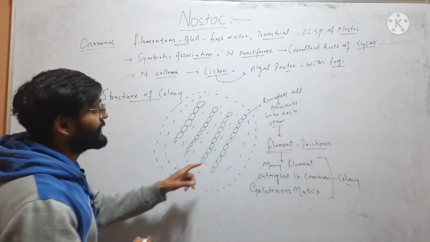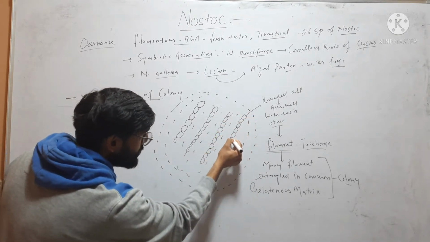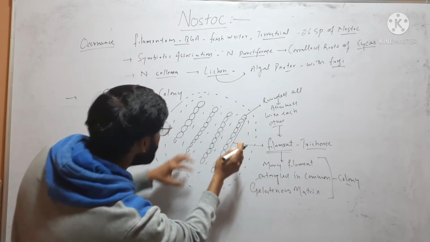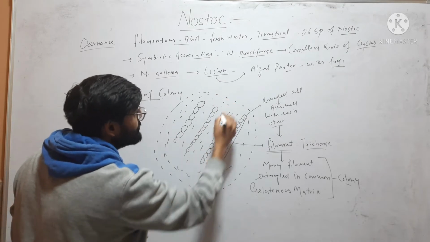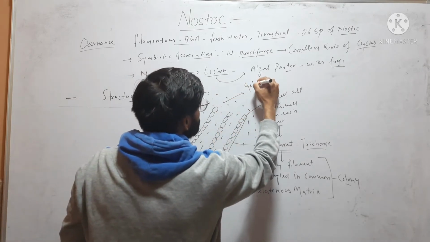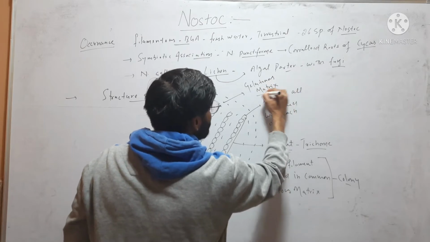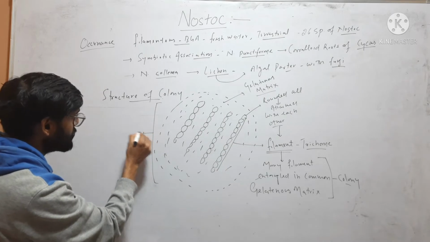So here you can say that these are rounded cells. These rounded cells are attached with one another and form a filament, and many grouped filaments are entangled in a common gelatinous matrix. So these form the colony.